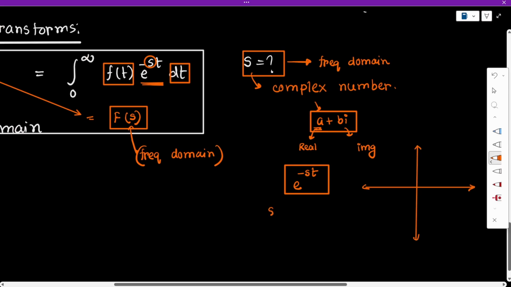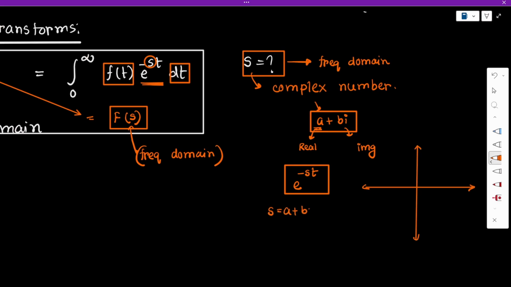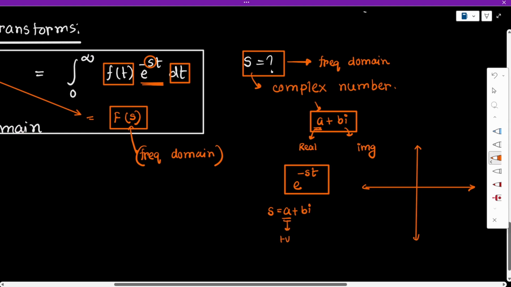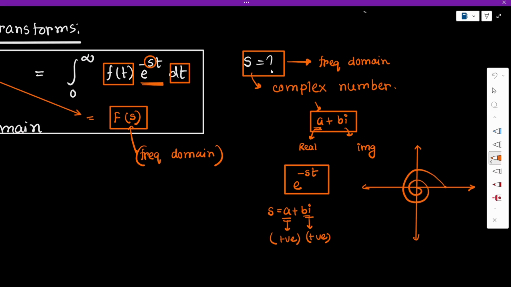So when s is equal to a plus bi, let's say, the real part and the imaginary part, both parts are positive, it creates a wave, or it creates a graphical motion like this.